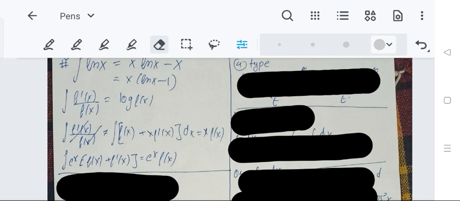It will not be directly visible, so by manipulating or making some changes, you observe that an exponential function multiplied by some function plus the differentiation of that function will be e raised to the power x multiplied by f x.